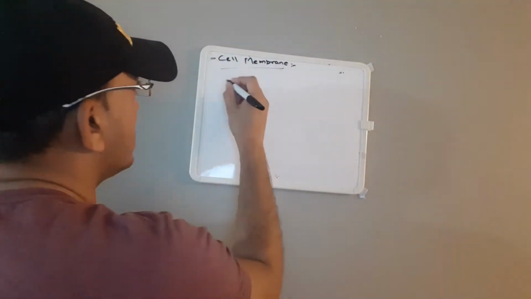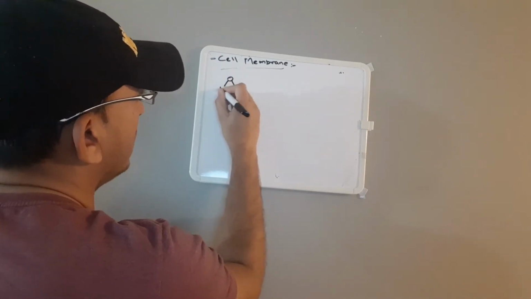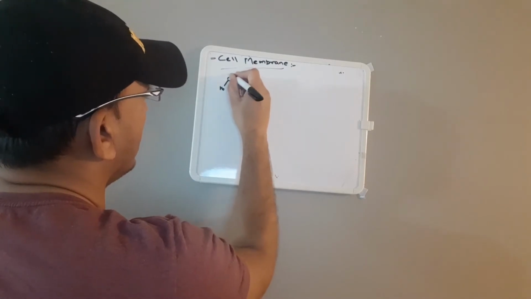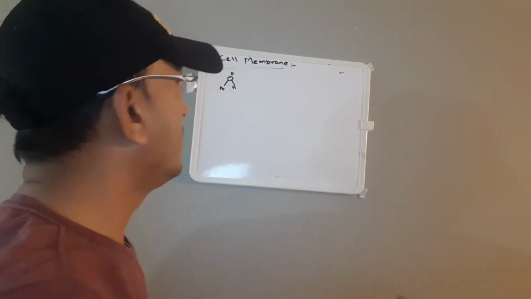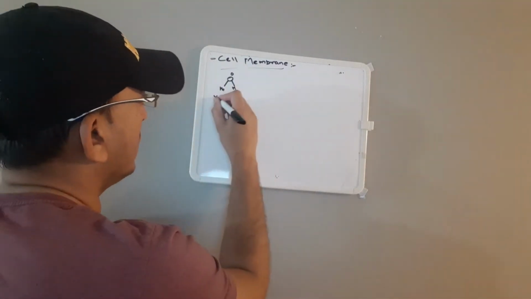All right, as I mentioned, let's take an example. For example, this is water, hydrogen and oxygen. I don't have different colors, but I'll write it down.